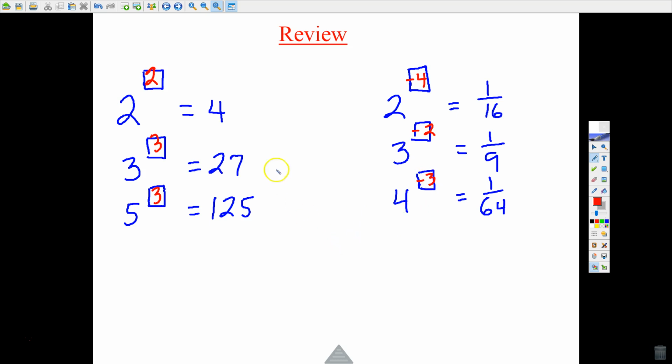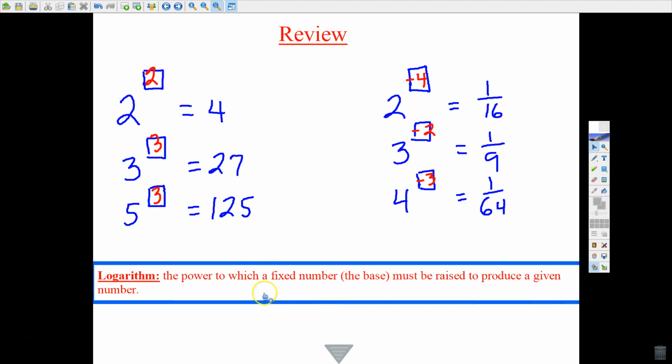Well, the reason why I went through that little simple exercise is because when we think about logarithms, we essentially are doing pretty much what we just did in this little exercise. A logarithm, by definition, and you need to write this in your notes, is the power to which a fixed number called the base, we identified the base, here the base is 2, base is 3, 5, and so forth, must be raised to produce a given number.